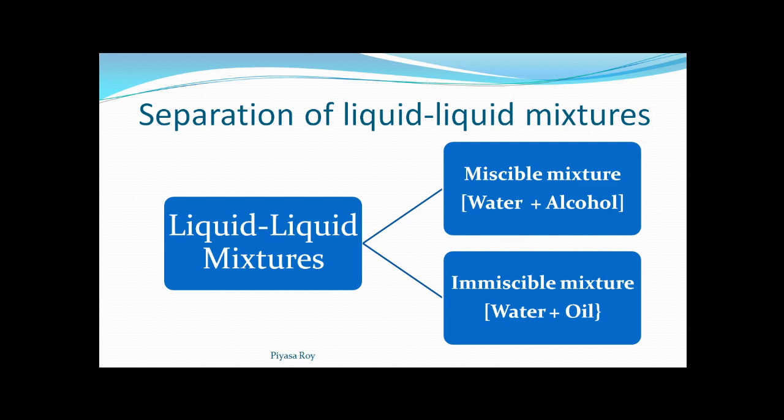So immiscible mixtures are heterogeneous mixtures, where both the liquids cannot mix together, and we can see them separately. We get two separate layers, of the water and oil, or the two liquids will form two separate layers.